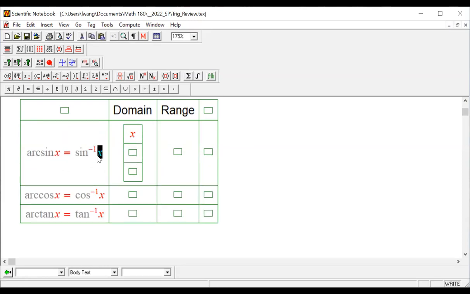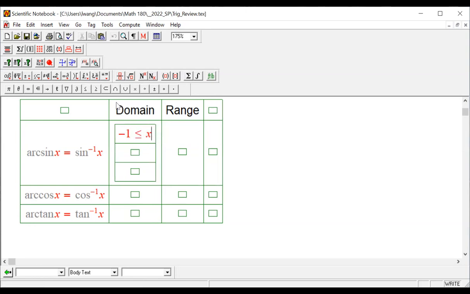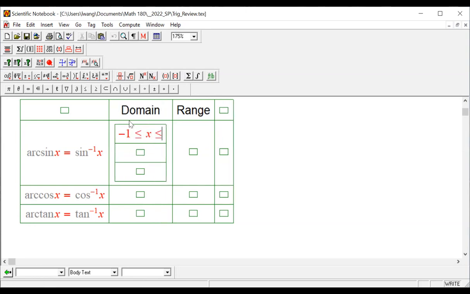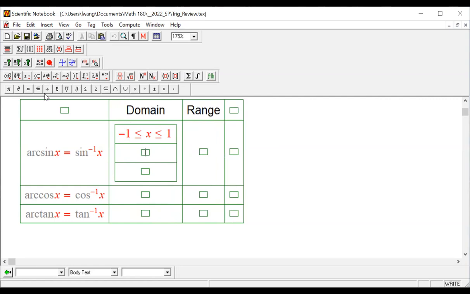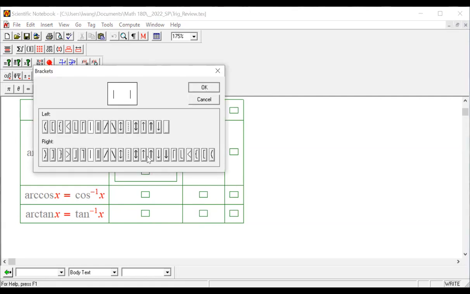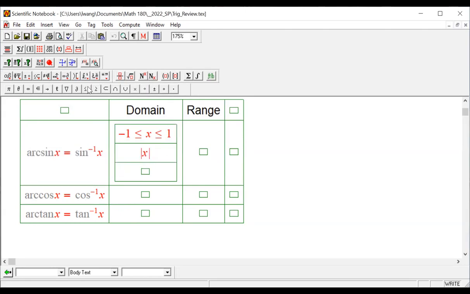So the input x, you have to indicate that this is x. The input has to be between -1 and +1. There's also an absolute value form, absolute value of x less than or equal to 1. And the last form, of course, is from -1 to +1.